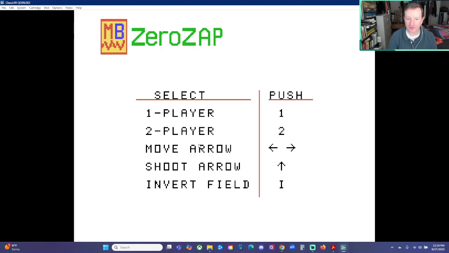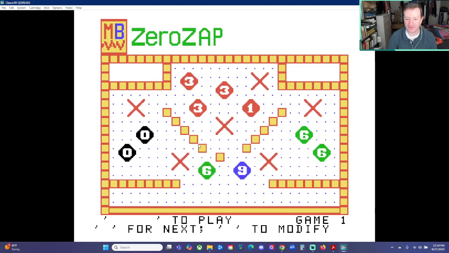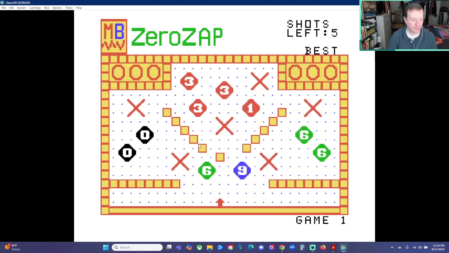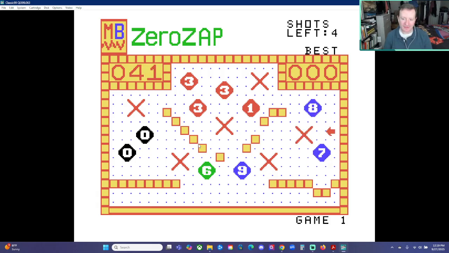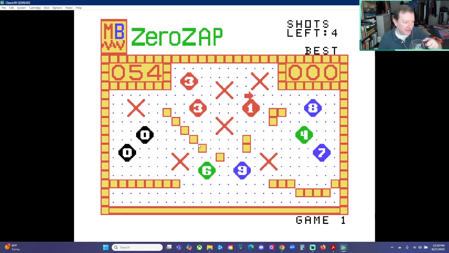So there are a lot of really great cartridges for this system. And they were easier to load because they were just plug and play. They weren't as complicated as loading things from a disk. So there were these faster paced games in cartridge form, and just not in Basic.